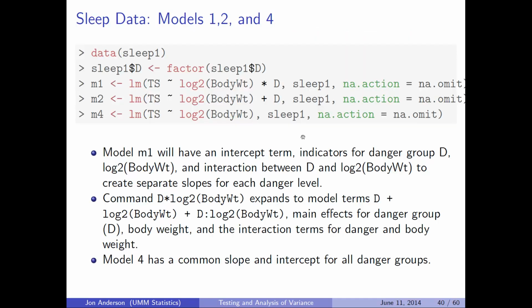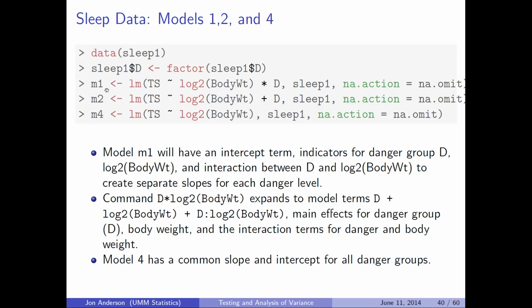And so in this overhead 40, I go through and I make models 1, 2, and 4. Model 1 is the interaction model that explains total sleep as a function of the log body weight, the factor variable D, and the interaction. Remember, this is a shorthand for those three components: D, log 2 body weight, and the interaction D by log 2 body weight.